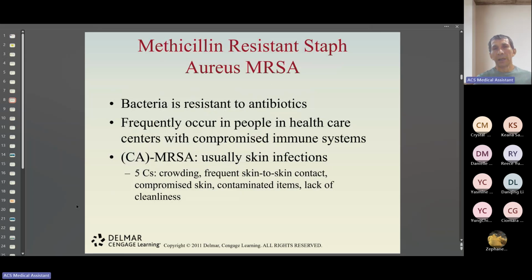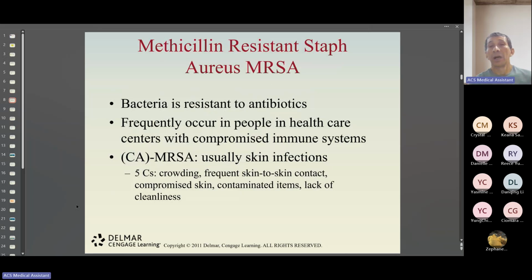Here is a condition that is definitely very common. It is currently going on. It's been going on for a long time. This is called methicillin-resistant Staph aureus infection, which is called MRSA.